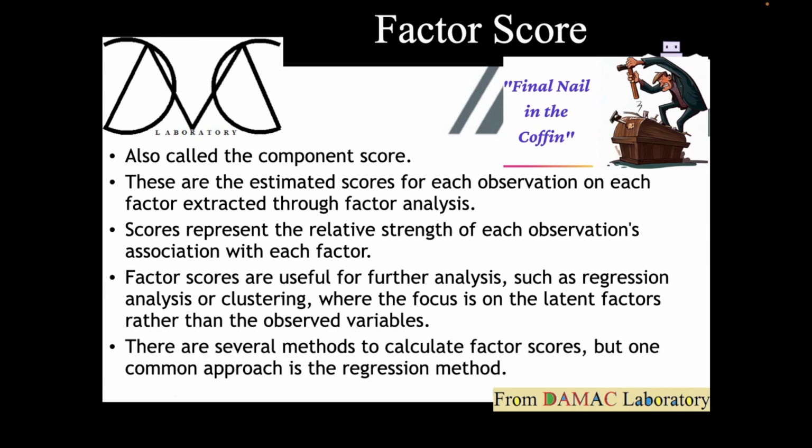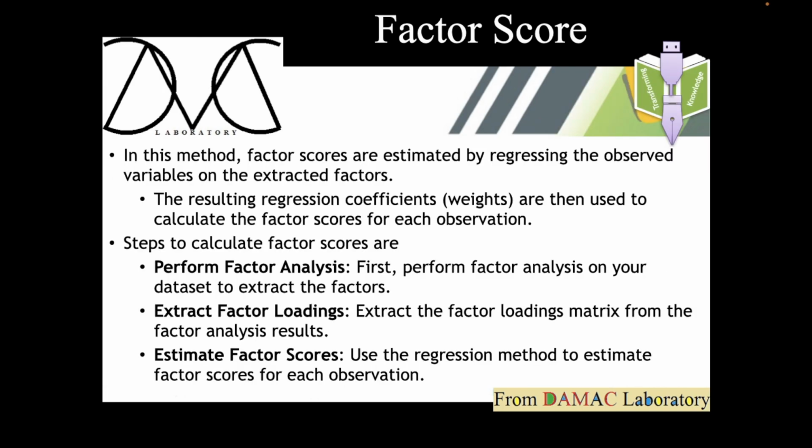Okay. So there are several methods for this, and factor score is one of them. Perform factor analysis on your dataset to extract the factors, which we have done. Extract the factor loading matrix from the factor analysis result that we have already done.